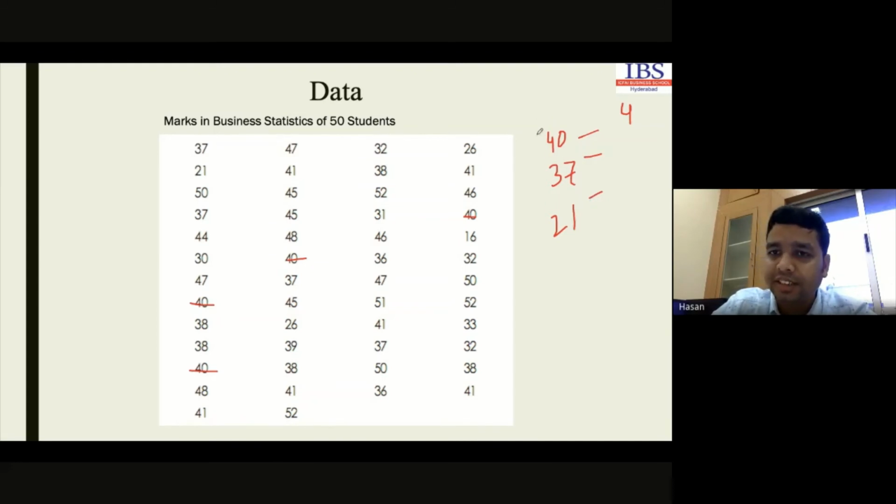So if we arrange each and every data, then we can easily conclude that our marks range is, say for example, 21 to 50. Each and every student scored marks in between 21 to 50. So this is our process data. If we arrange this, we can draw meaningful conclusions.